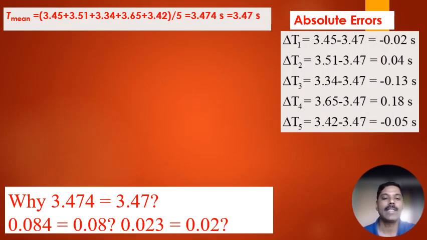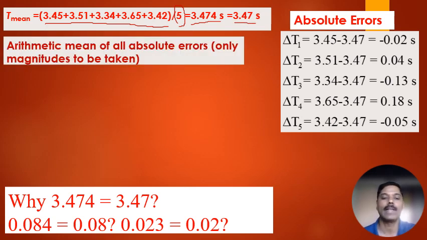Let us first take the average of all the individual measured values. So 3.45, 3.51, 3.34, 3.65, 3.42 are added and divided by the total number of values, that is 5. So you are getting 3.474 second, but I am considering only 3.47 second. I will tell you the reason later.